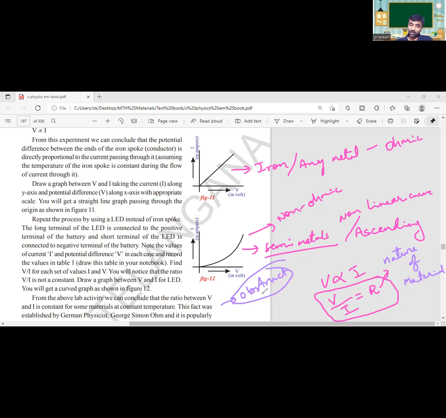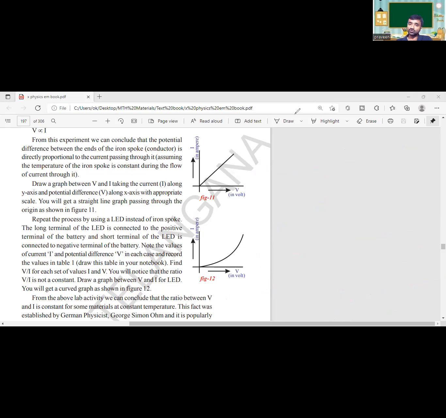So the obstructing nature is this constant given as R. It was named as the nature of the material, simply resistance, controlling the motion of charges. That obstructing nature of the material is called resistance. So we got a new concept from the Ohm's law, that the nature of the material is playing an important role, which is given as resistance.